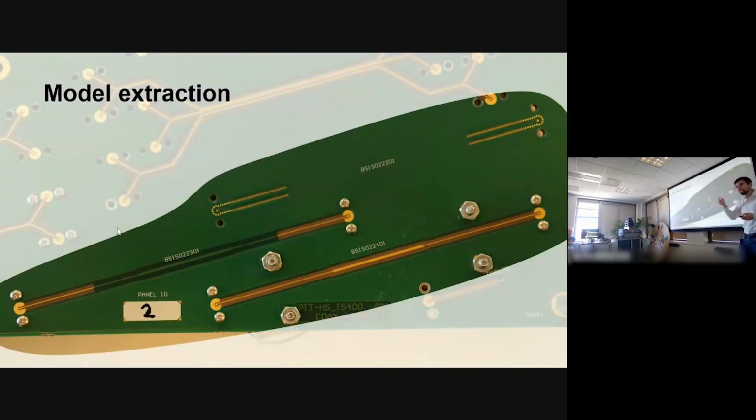A slightly more advanced use of simulation is model extraction. So for example, PCB material, there is a datasheet with specifications. The problem is that there are many different ways of measuring PCB properties, and some methods are better in repeatability and some methods are better in realism, in the sense of electromagnetic physics. And the manufacturer is interested in a repeatable process.